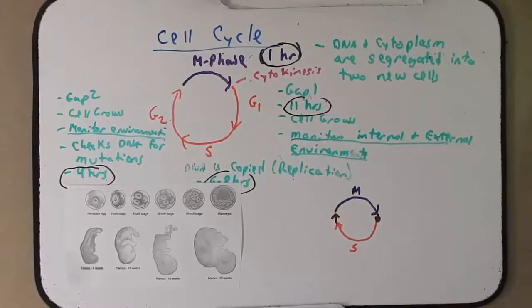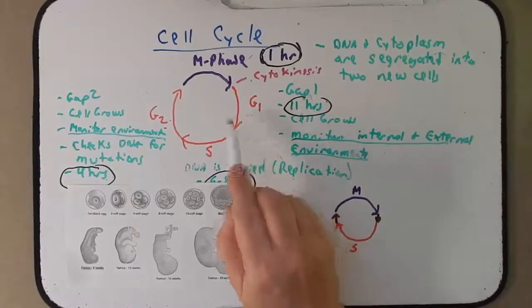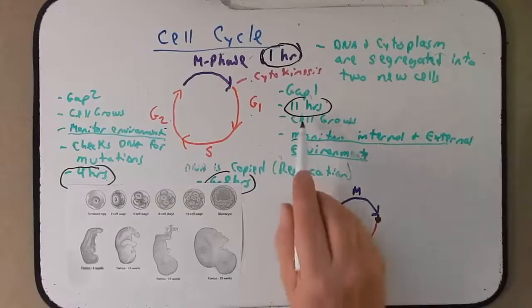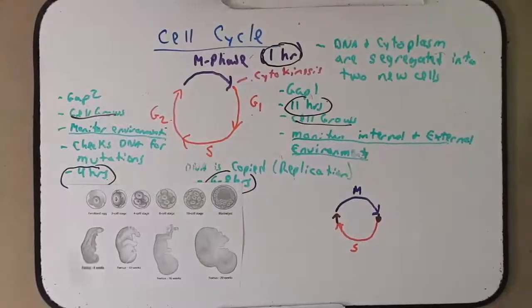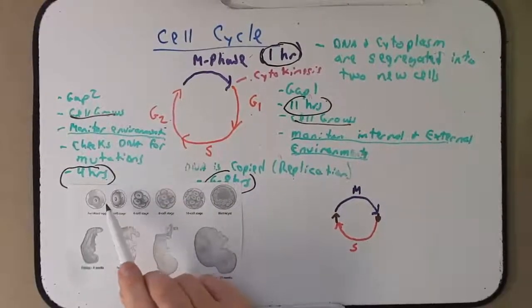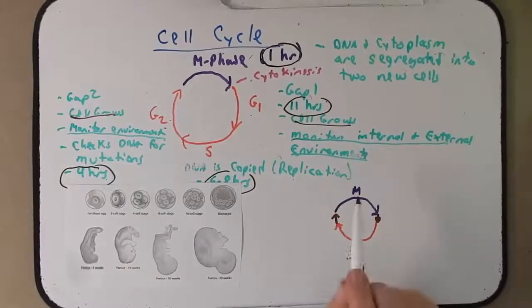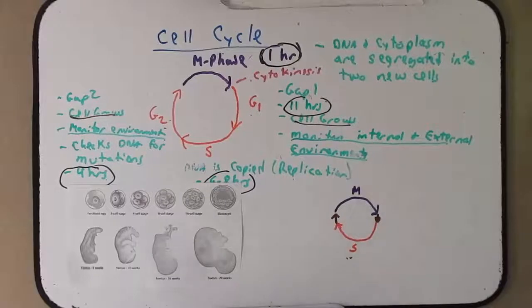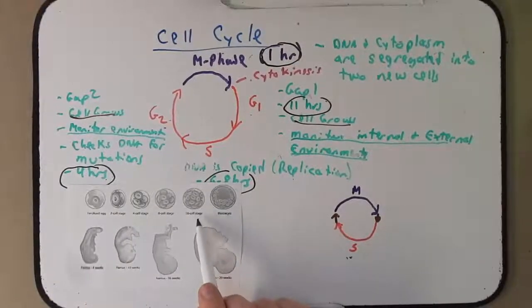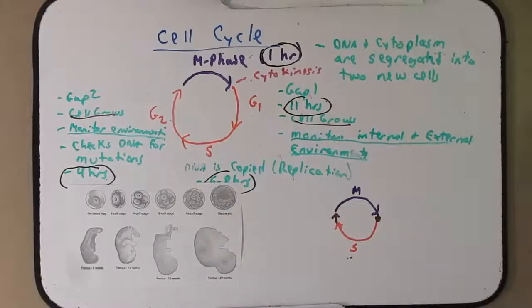So very, very short. And because you have a smaller G1 and G2 phase, you don't allow that time for cell growth, as we see here. And so essentially all that's happening is you're copying the DNA and you're segregating it to 2 new cells. Copying, segregating, copy, segregating. So what you end up with then is a small embryo, say at the 16-cell stage, that's about the same size as the fertilized egg.